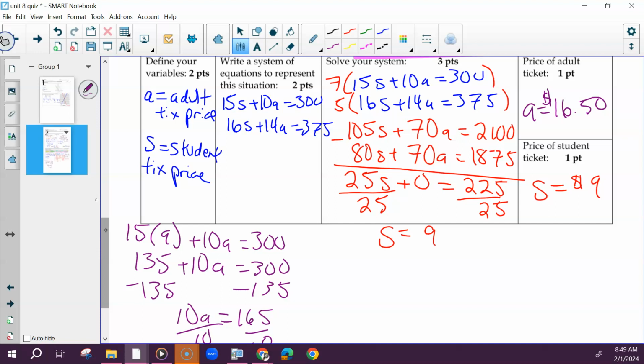Do you have any questions in general about anything? Yes. What do you do if you don't get good fractions for the substitution? If you don't get good fractions, you need decimals. If you don't get good decimals, like they're repeating decimals, leave them as fractions.